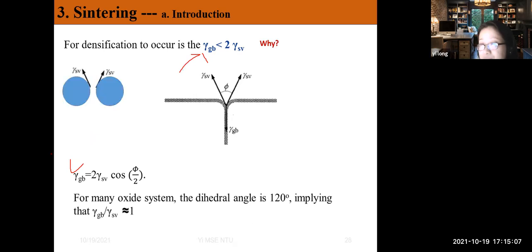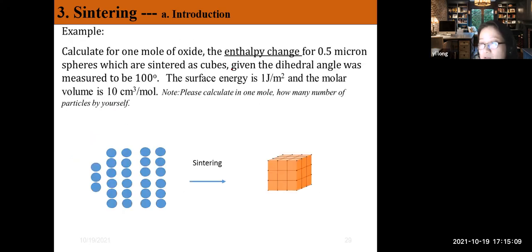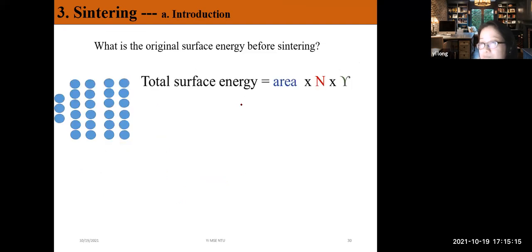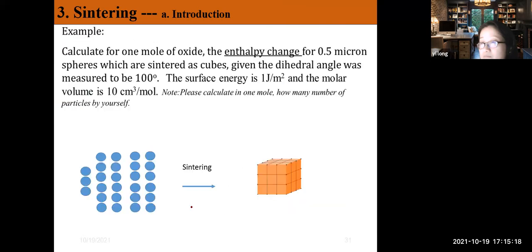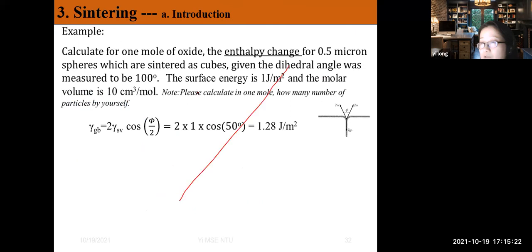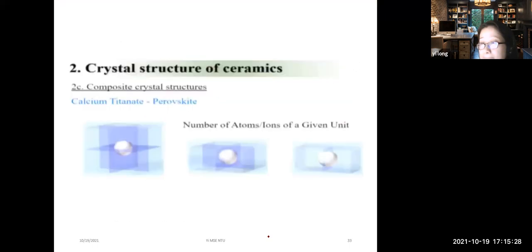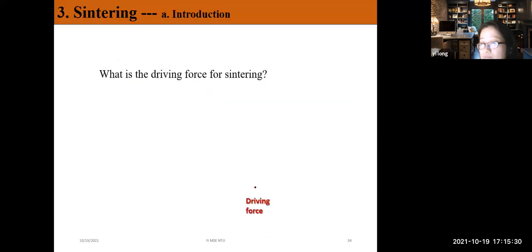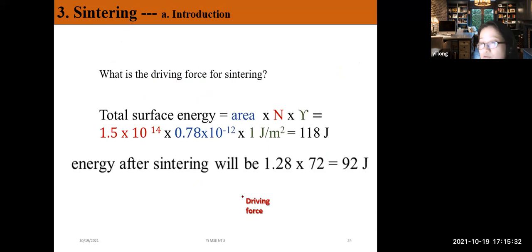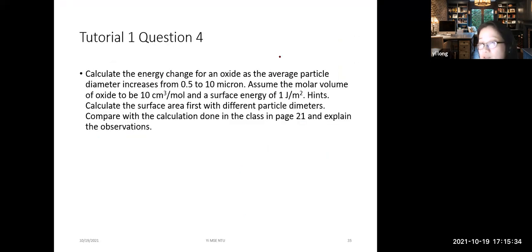No need to cram it. The tutorial question is also not needed. What is the driving force? You need no, because it's also not needed.